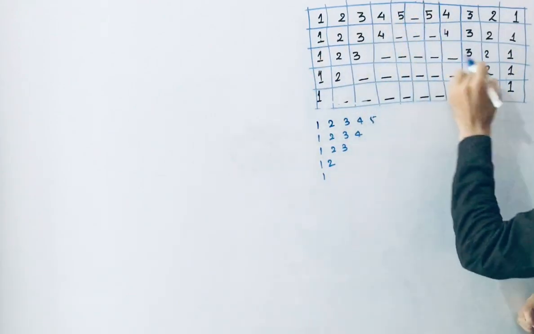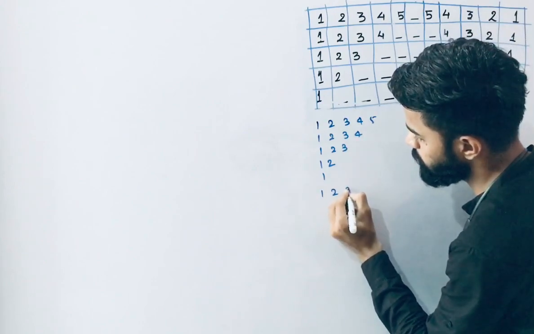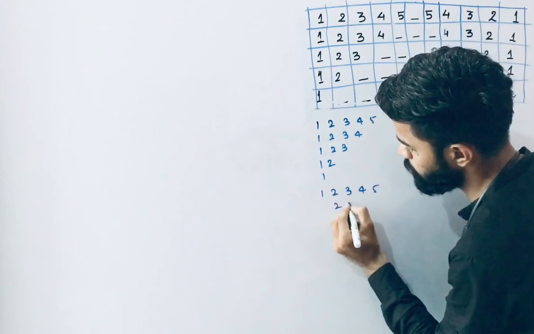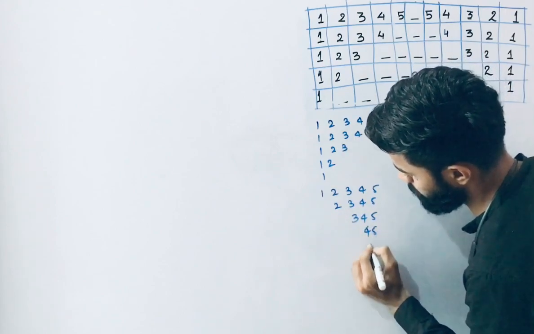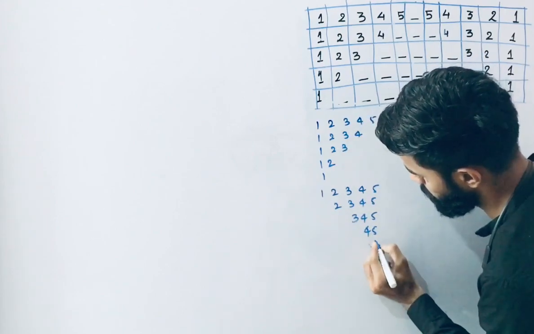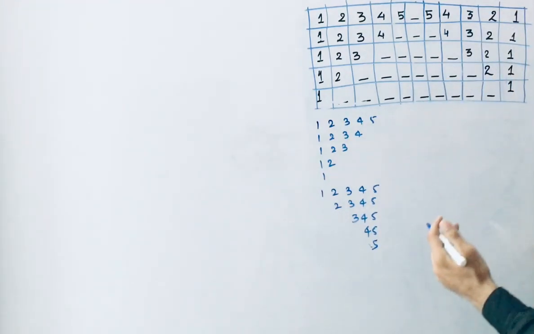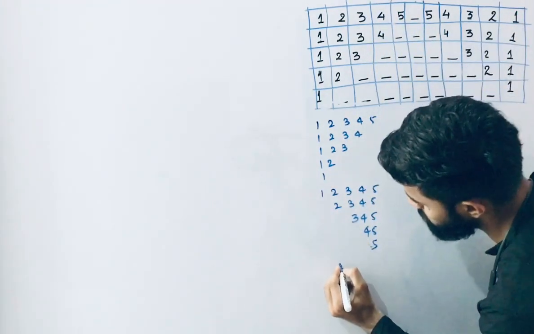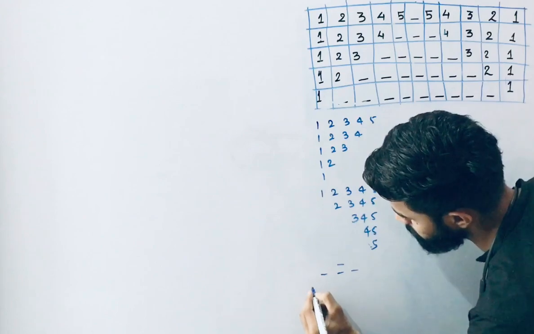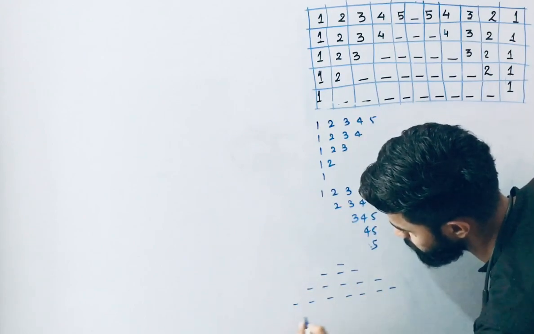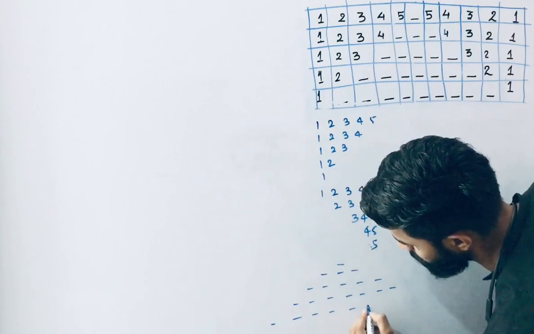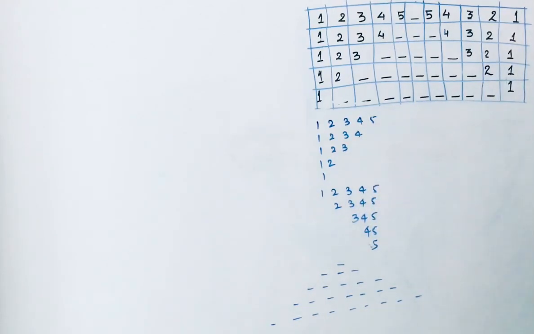And this pattern is 1 2 3 4 5, 2 3 4 5, 3 4 5, 4 5 and then 5. Clear? Also we will need to print space, and then 1 2 3 space, 1 2 3 4 5 space, 1 2 3 4 5 6 7 space, 2 3 4 5 6 7 8 9 space. We also need to print this pattern and this pattern.